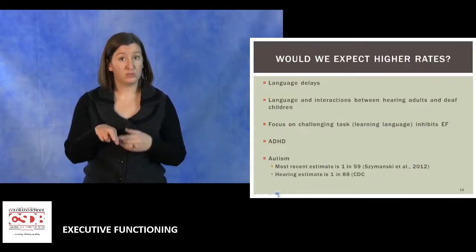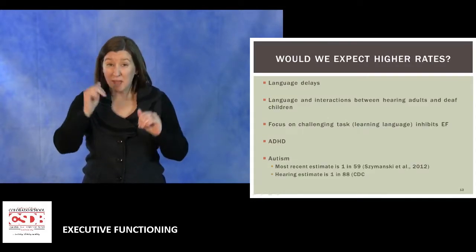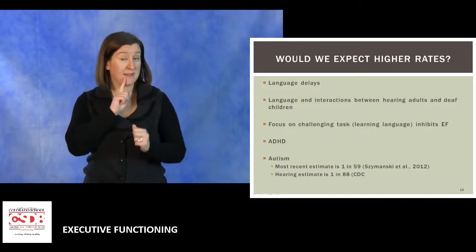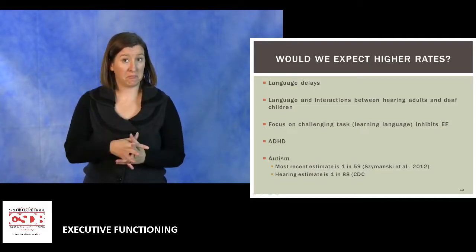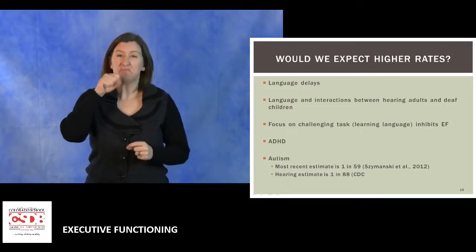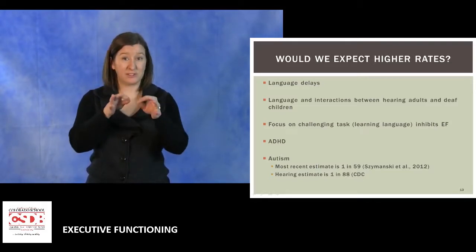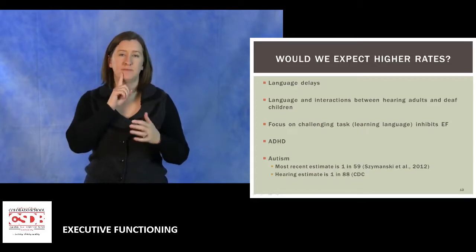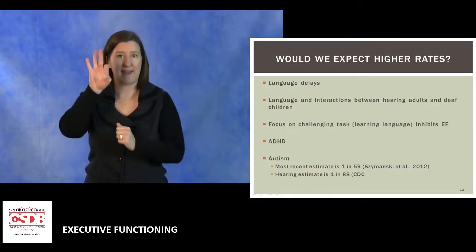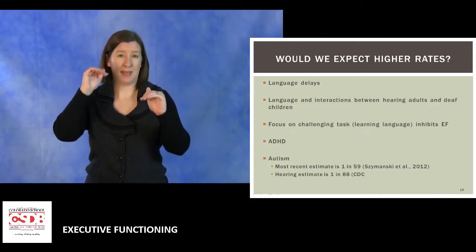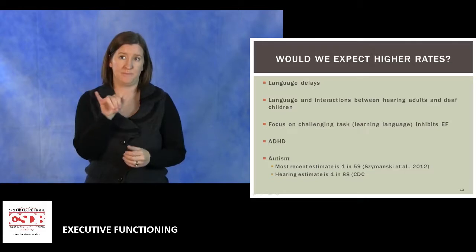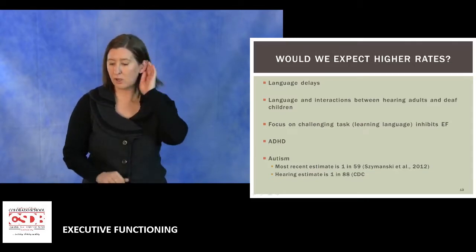So now you know some information from research, and you would expect high rates of EF problems with deaf individuals because of the language delay with deaf children. Relating to EF, we do expect deaf children to have some delay as well.